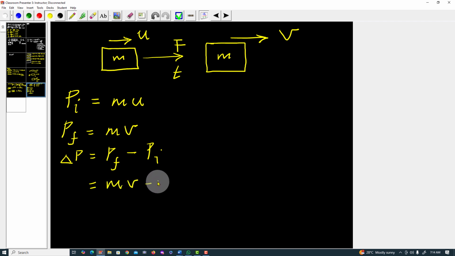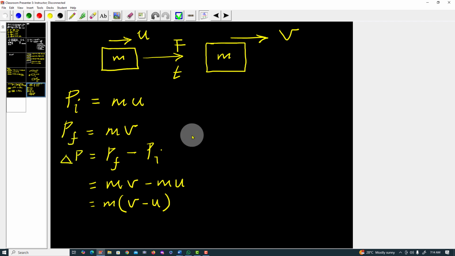mv minus mu. We can factor out m, in which case we are going to get m times v minus u, and this will be the change in velocity. If we multiply the mass of that object by its change in velocity, we are going to get a physical quantity which we refer to as change in momentum.